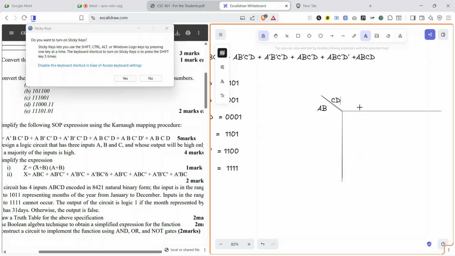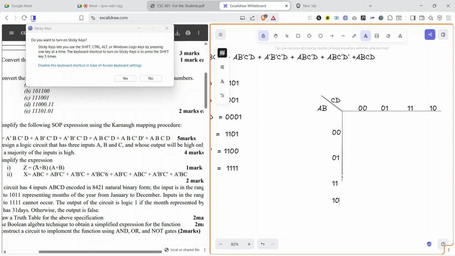Then we have 00, 01, 11, 10, then 00, 01, 11, 10.